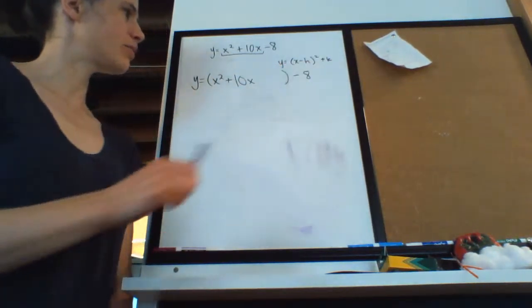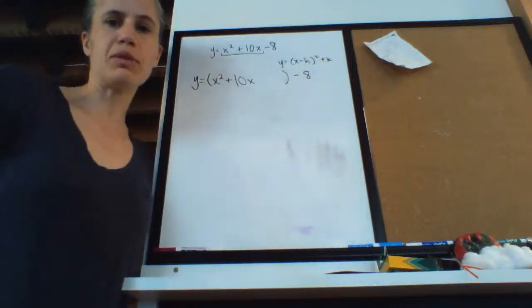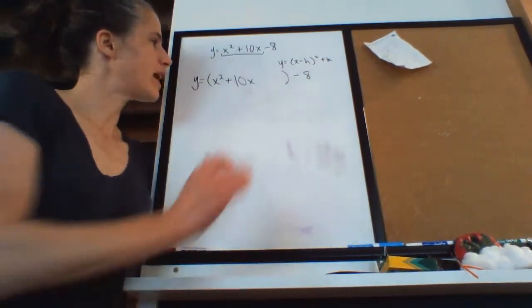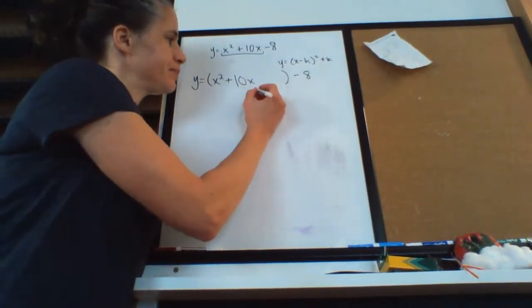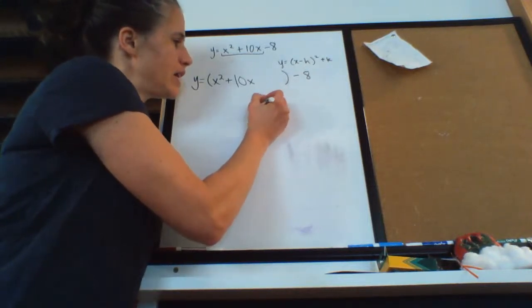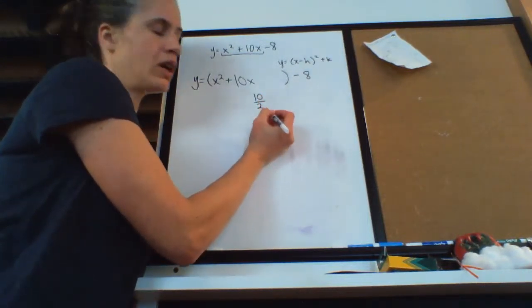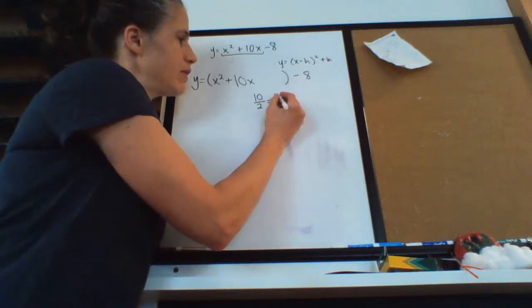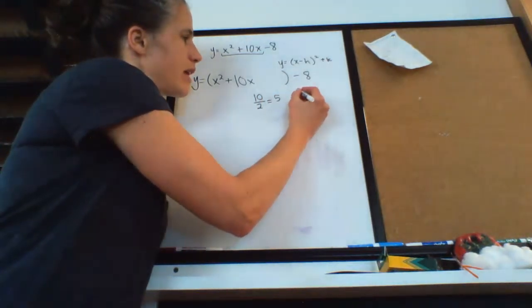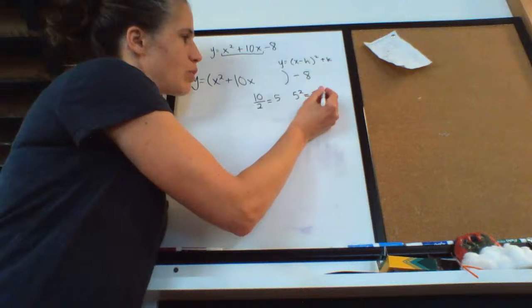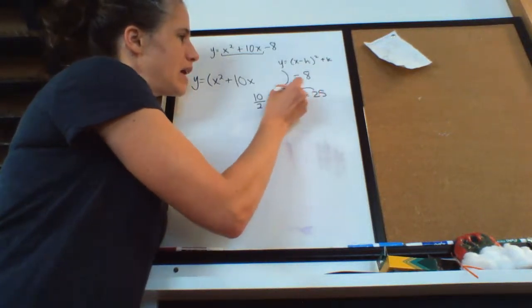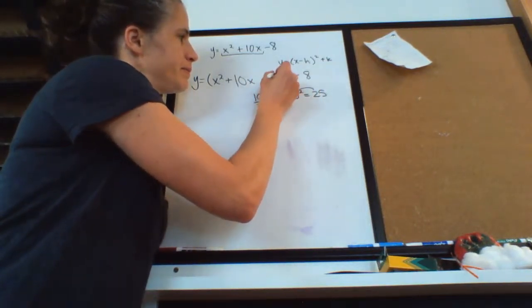Now I need to determine what I need to add in here to complete the square. To do that, I'm going to take this 10 and divide it by 2. 10 divided by 2 is 5. We can then square that 5 to get 25. So I'm going to add in 25 here.